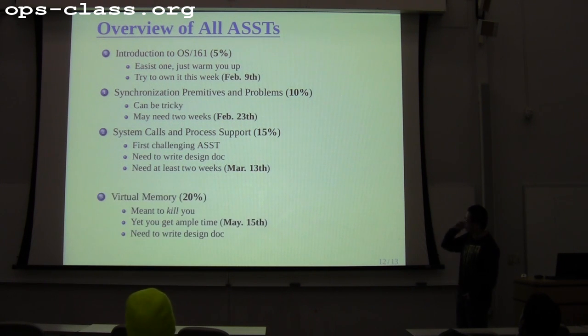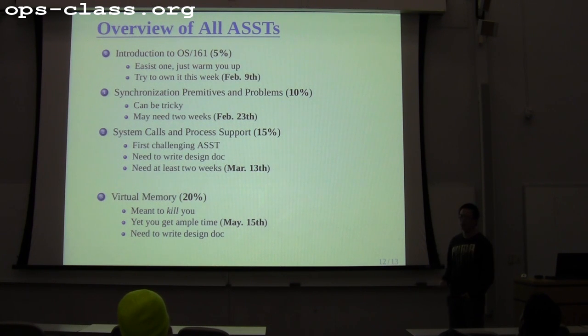And after spring break, we have a final assignment. It's really hard, and it's really meant to kill you guys. But fortunately, you get enough time, about 2 months, that's 8 weeks. From the time we give you, you can imagine how hard that assignment is.